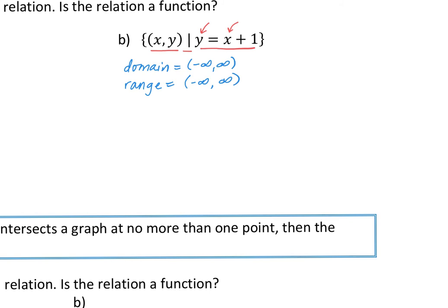So you put in an x, add 1 to it, and you just get 1 y value back. So in an equation, if you can get the y by itself on one side of the equal sign equal to a single expression on the other side, then it should be a function. Okay, so yes, it is a function.